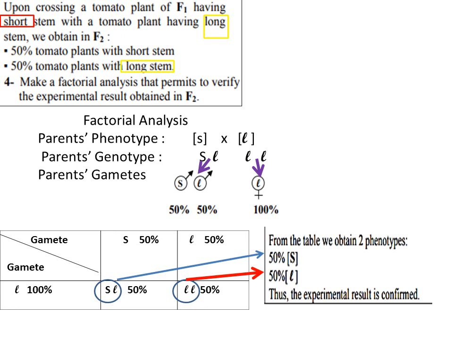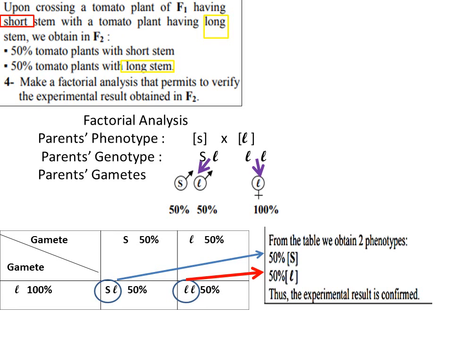These long plants, for them to express the long phenotype, should have inherited one long allele from each parent. This shows that the parent with the short stem was a carrier for the long allele. So I write step 1. Now I can write the factorial analysis.